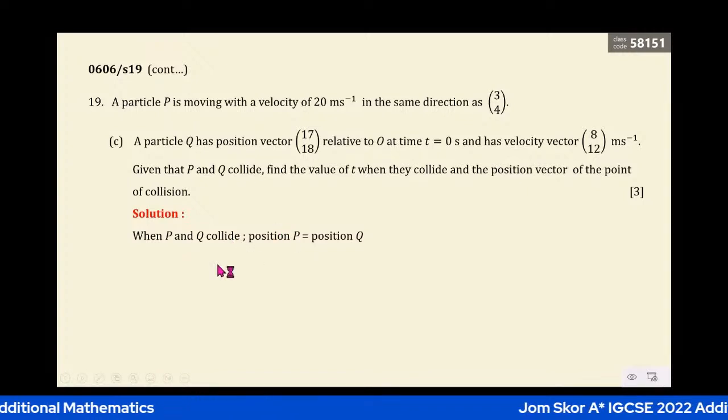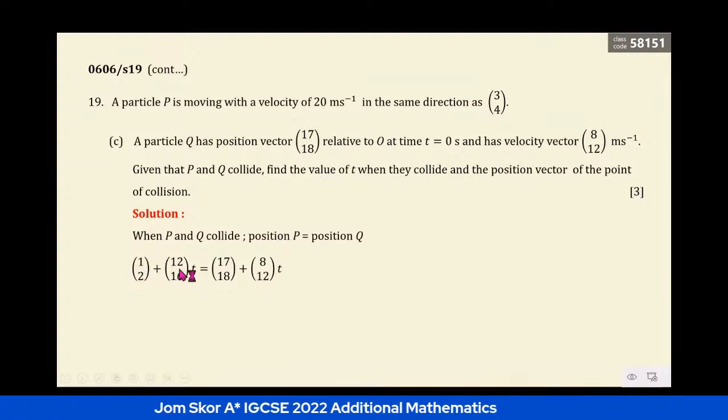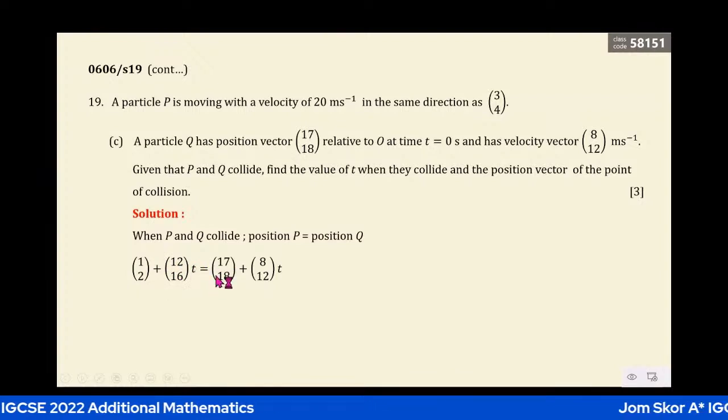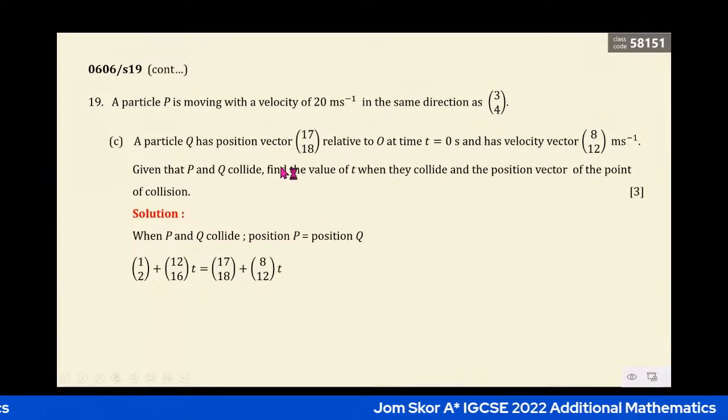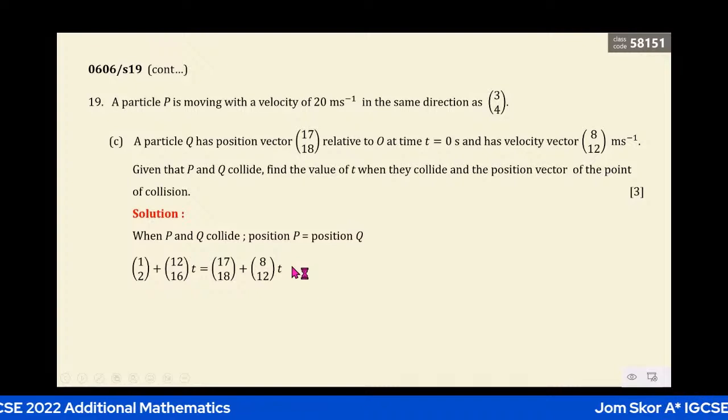Tadi kita dah dapat dalam soalan B. Position P is 1, 2, this is the initial position of P plus the vector velocity times dengan T dia. Okay, and the initial position of Q is 17, 18 plus velocity vector dia 8, 12 times dengan T. So these two position is the same position.